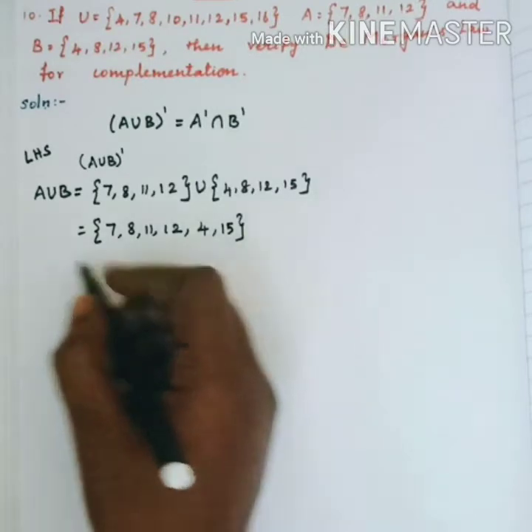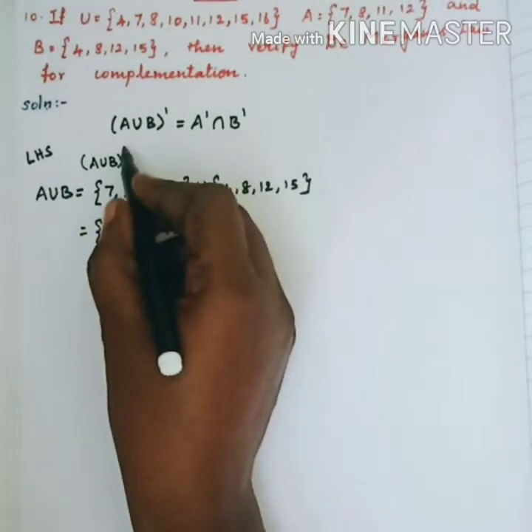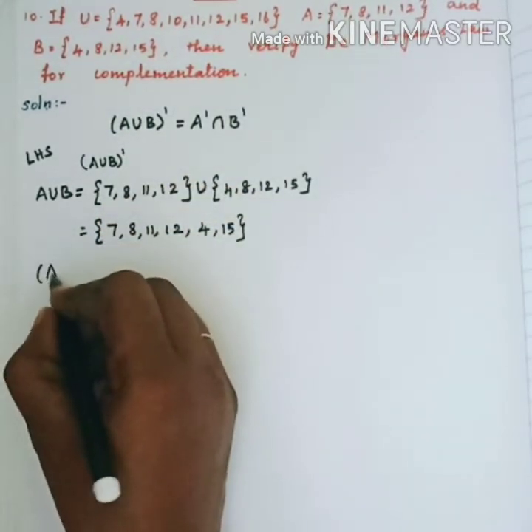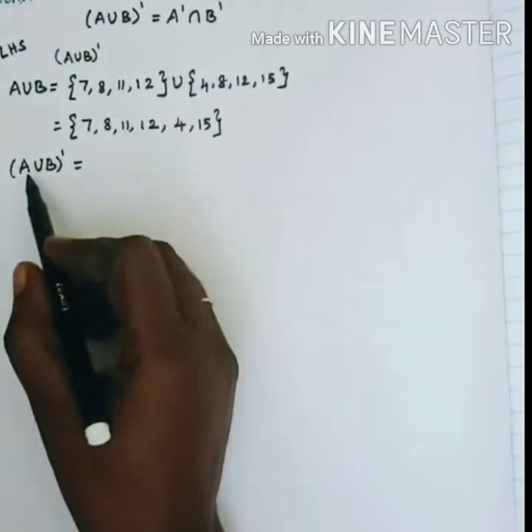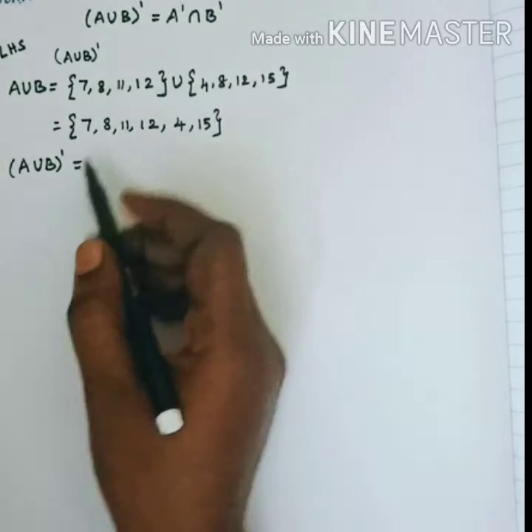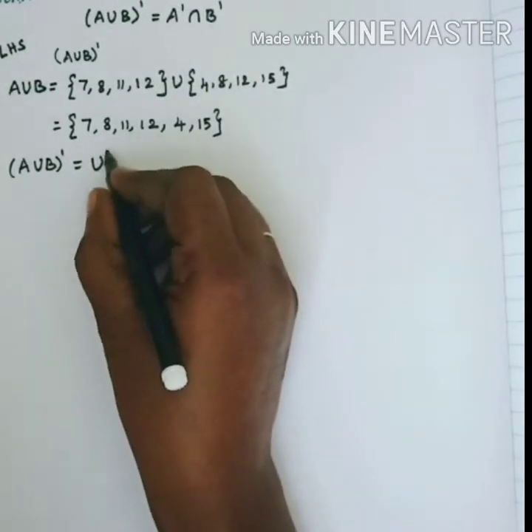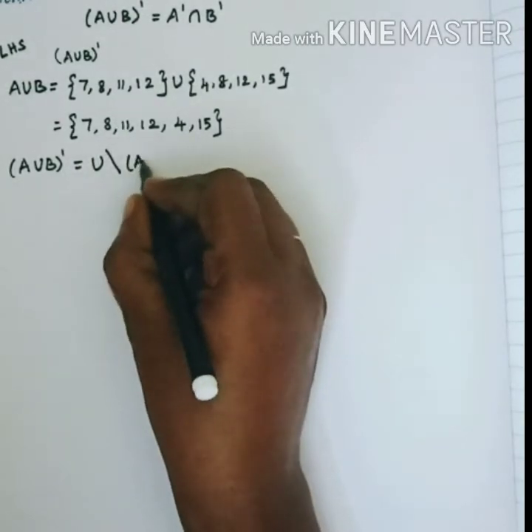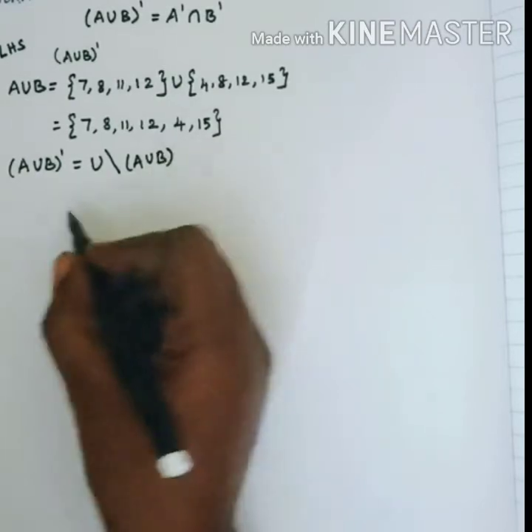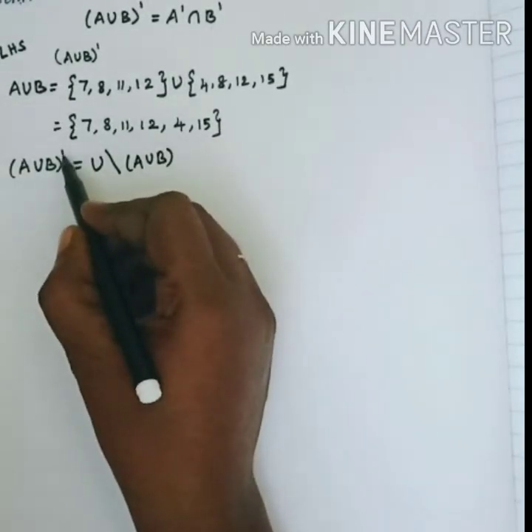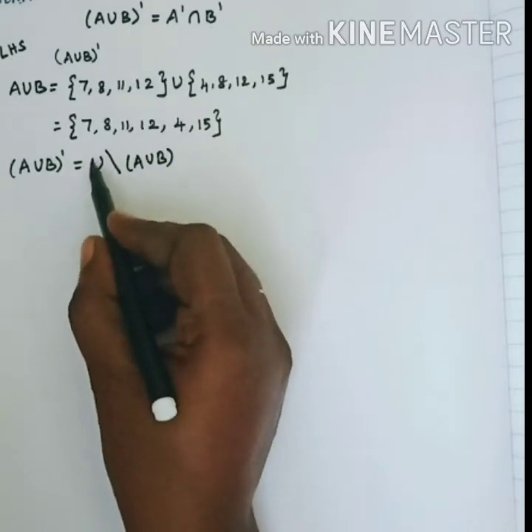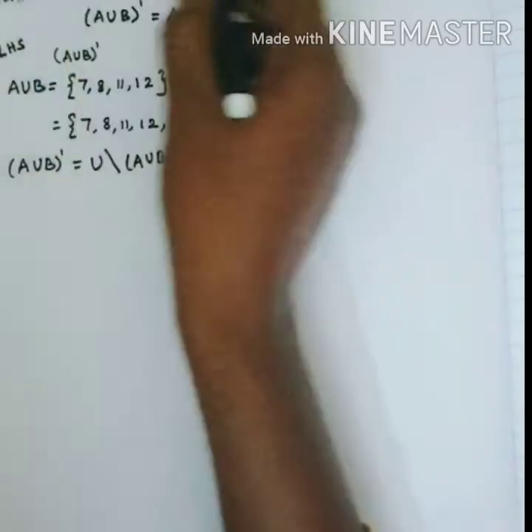So this is your A union B. Next we have to find (A union B) dash. For (A union B) dash, it is equal to U slash A union B. First time we are using this. Whenever this dash comes, you have to use the universal set. U means universal set.